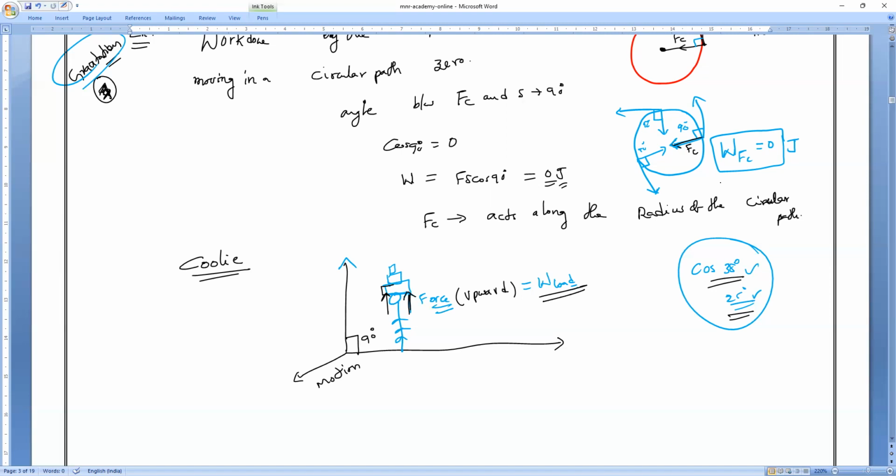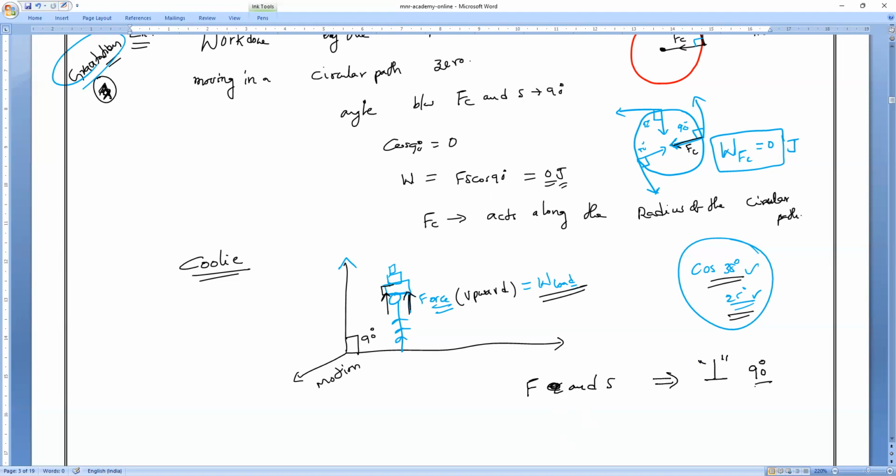Then, while the displacement is in the horizontal direction, he is moving horizontally but applying force in the upward direction. Then what is the angle between them? Force and displacement, what is the angle? Perpendicular to each other. What is the meaning of perpendicular?